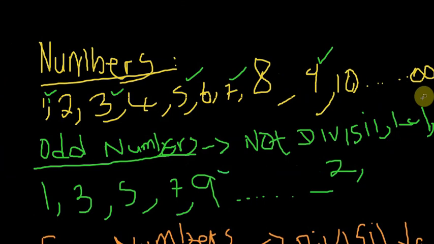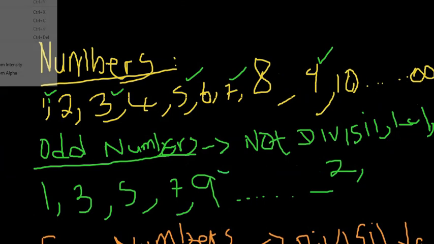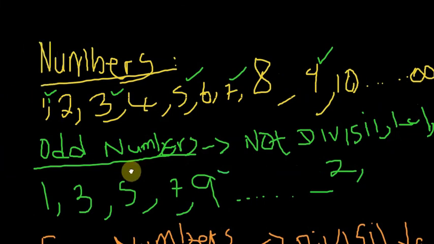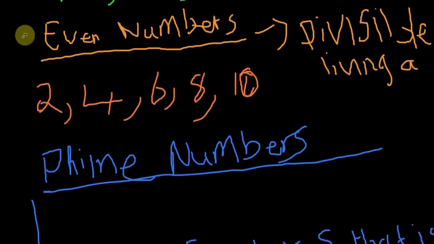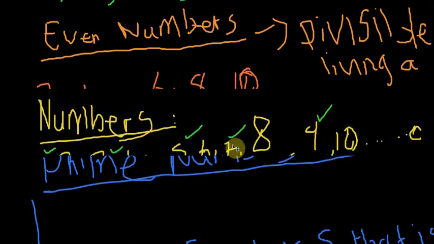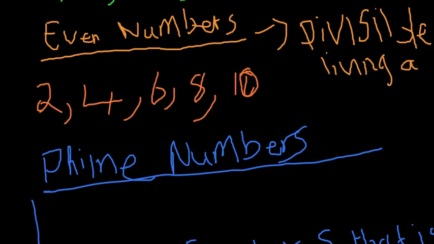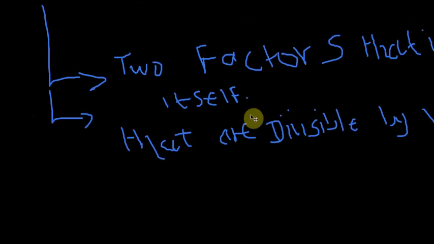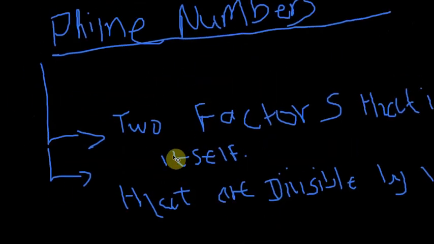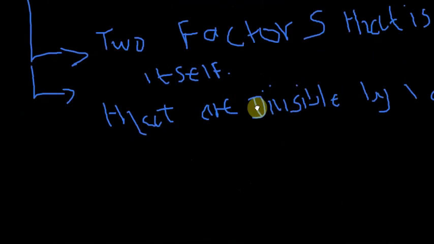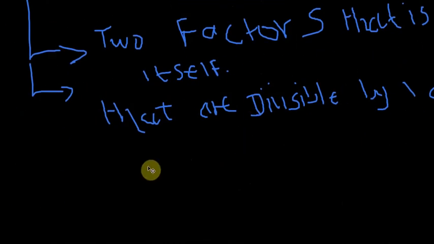So from the list, prime numbers are numbers that only have two factors, that is one and itself.